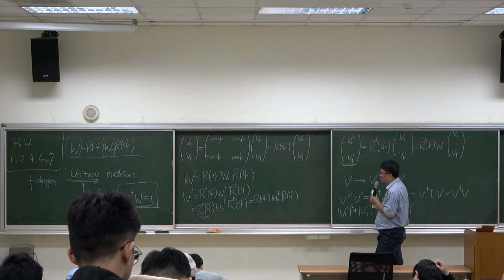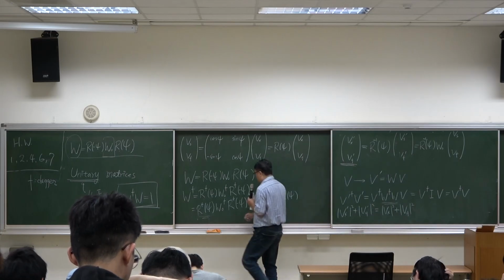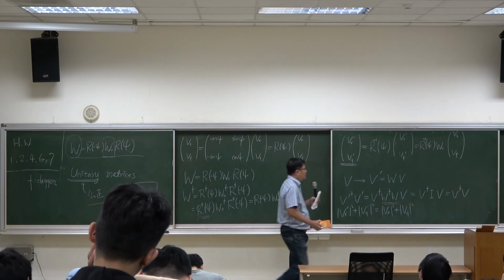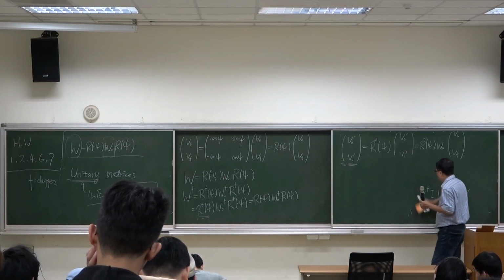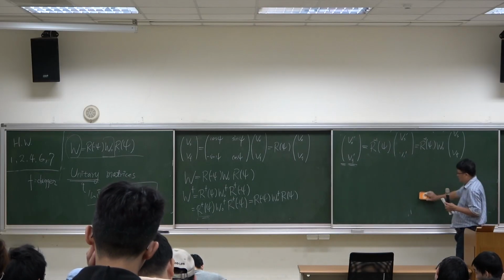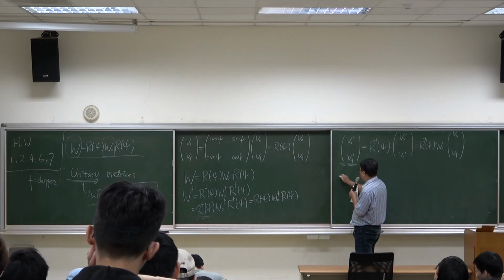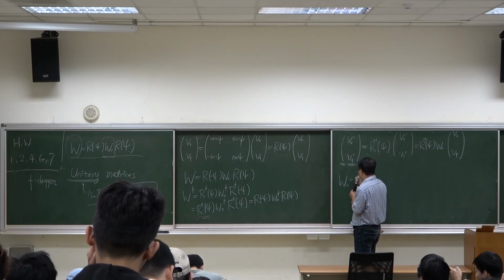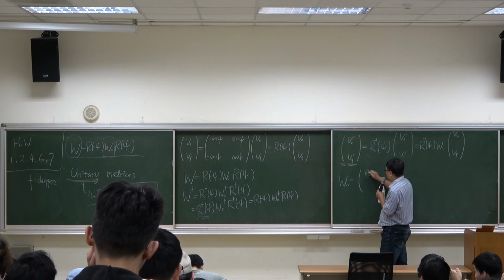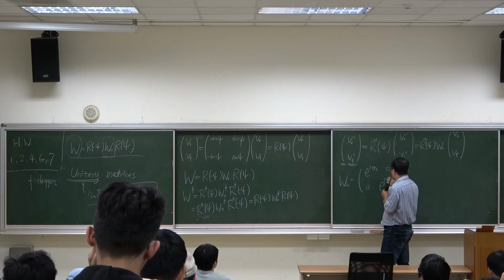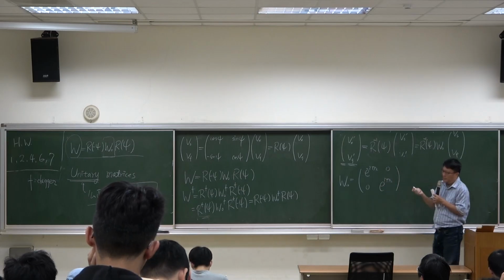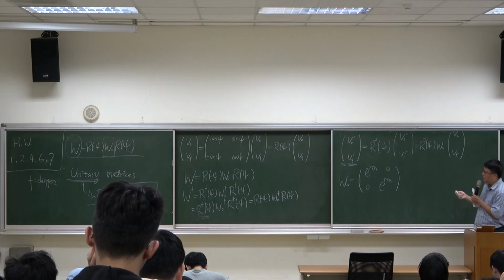But what is W0 dagger? Remember that W0 is this: exponential minus I half gamma, 0, 0, exponential I half gamma. And here gamma is a real quantity.